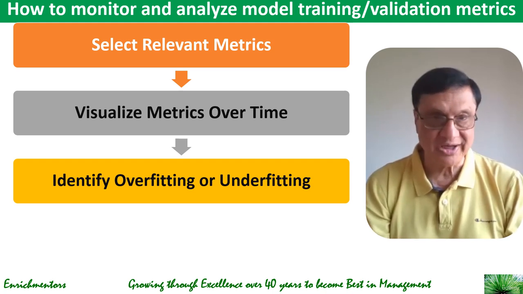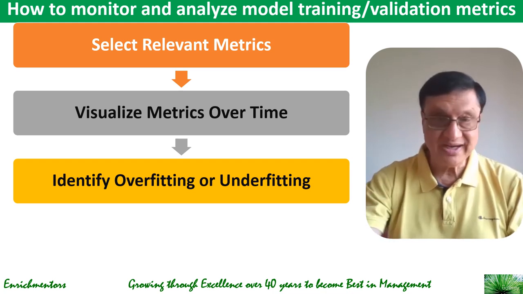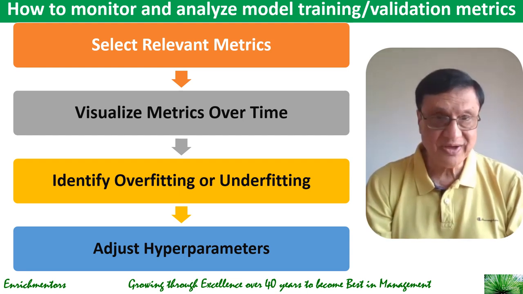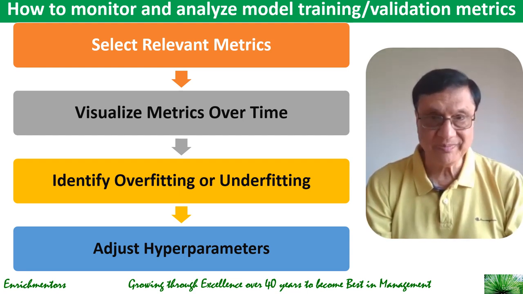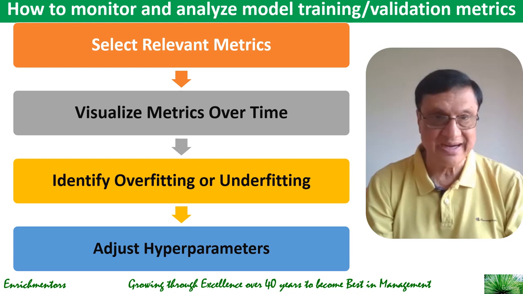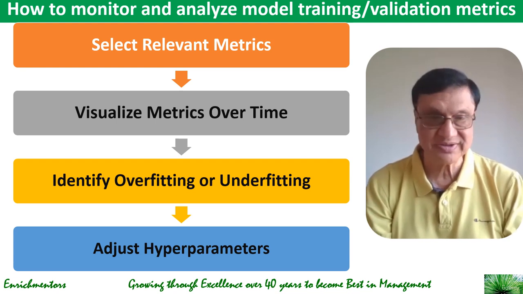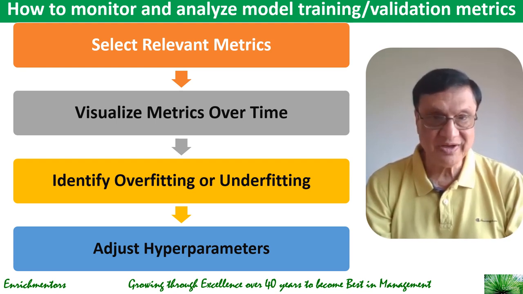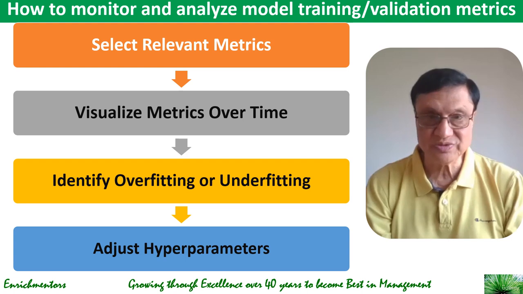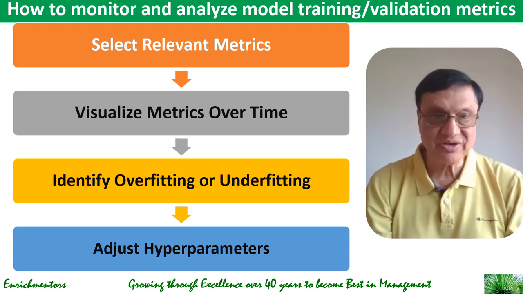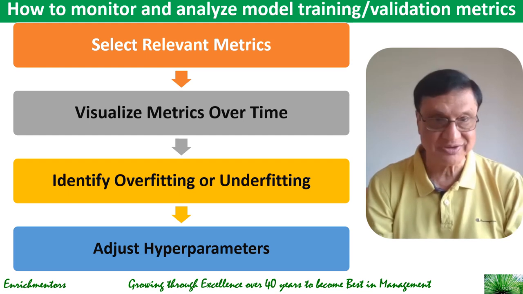Then you analyze the effect of hyperparameters on the model's performance by varying one parameter at a time while keeping others fixed, and experiment with different hyperparameter values and observe how they impact the training and validation metrics. So you adjust the hyperparameters.